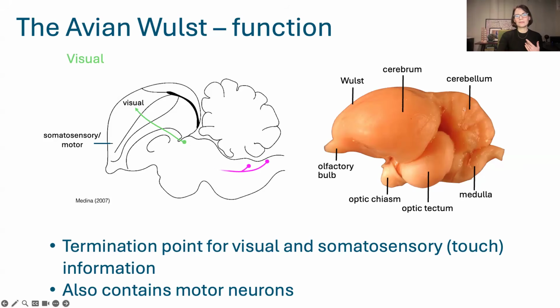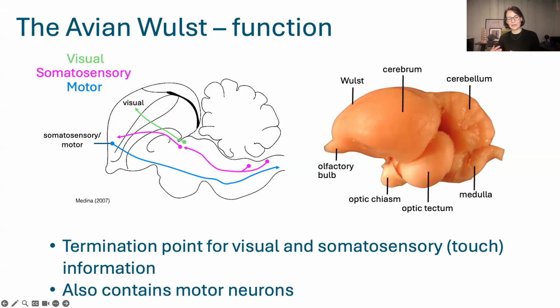The Wulst also has a more anterior region, at the front, that is processing somatosensory information, or information about touch coming in from the body. That same part of the Wulst has motor neurons that descend within the brain and go to the anterior-most parts of the spinal cord, those parts controlling the forelimb.